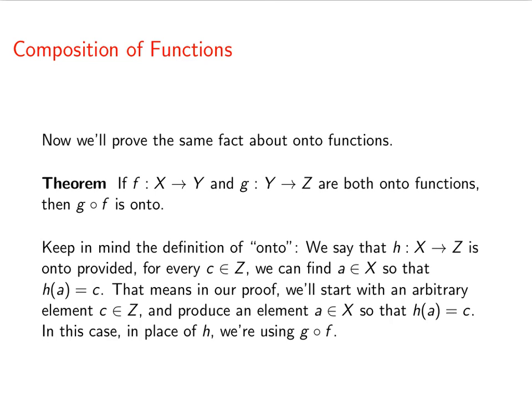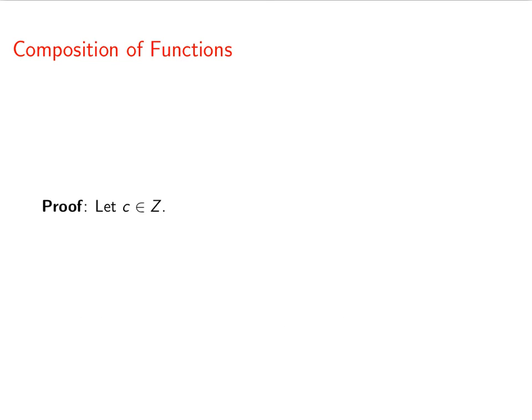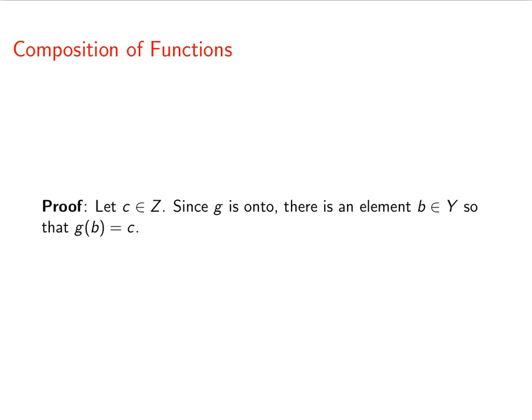All right, we're ready for the proof. We start with an arbitrary element in the codomain. So let c be an element of z. Since g is onto, there is an element b in y so that g of b is equal to c. Remember that the function g will take elements in y and map them to z.